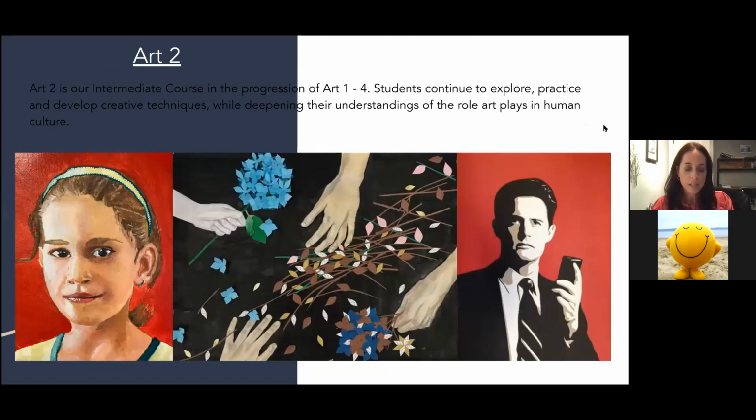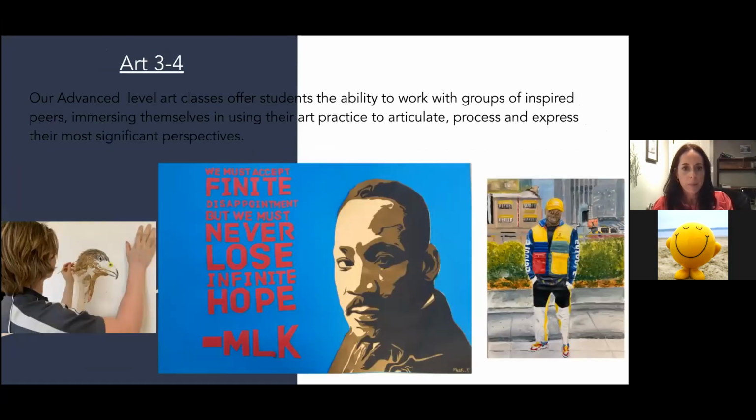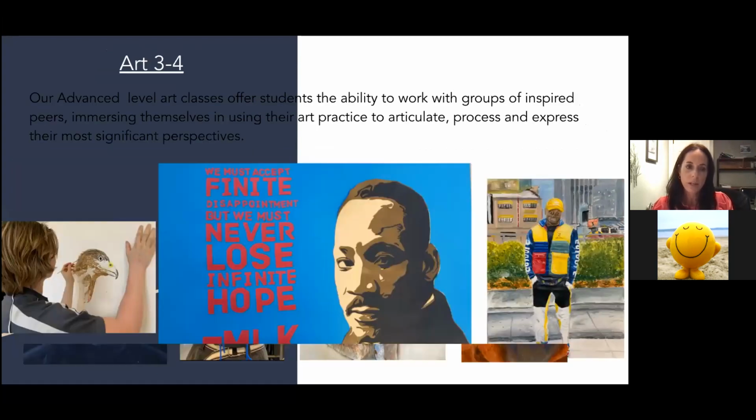Art 2 is kind of our intermediate art class. It's a year-long class, and many students take it in the progression to 3-4 and AP. And if you can go to the next couple slides, please, Caroline. There's some 3-4 student work.